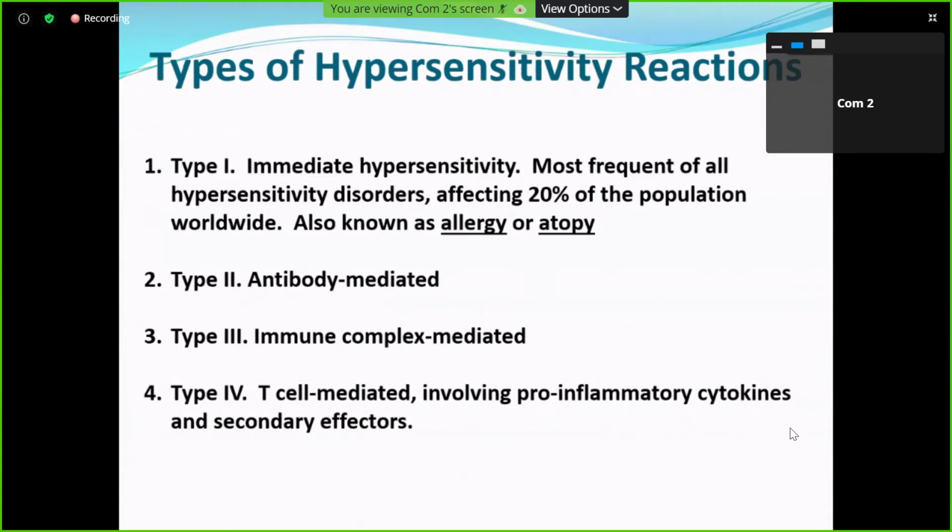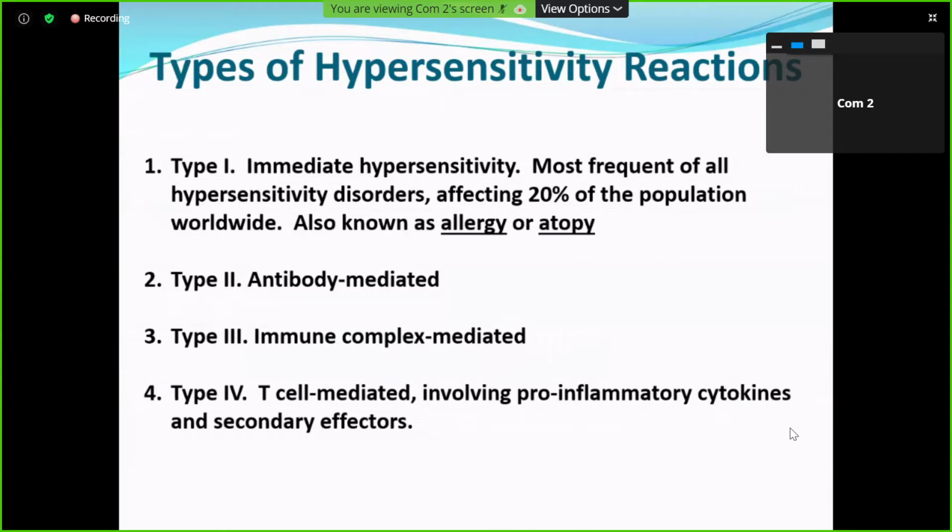So we divide them into 4 types: 1, 2, 3, and 4. 1 is the classical allergic reaction that you all know about: hay fever, allergy to peanuts, shellfish. Some of you might be unfortunate enough to experience asthma. Types 1, 2, and 3 all involve antibodies.